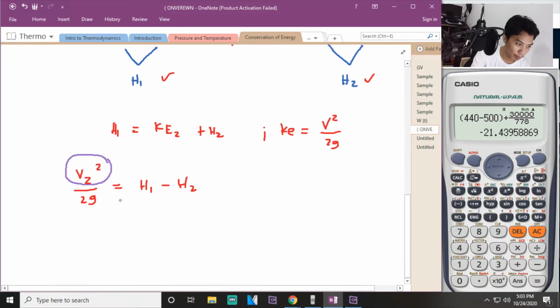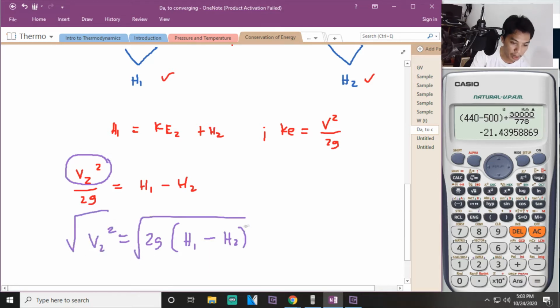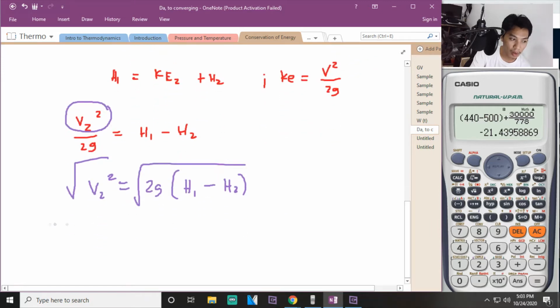So, equal to 2G tapos yung enthalpy H1 minus H2, tapos V2 squared. Ngayon, kunin ko yung square root of both sides. Algebra lang to ha. Kapag kailangan i-simplify muna, akong ginagawa ko, algebraically, isinisimplify ko muna equation, para mamaya, pag pinasok mo yung value, kasyang-kasya na lang siya pagdating ng iyong calculator.